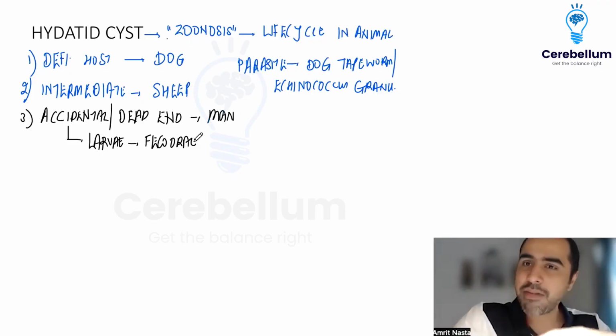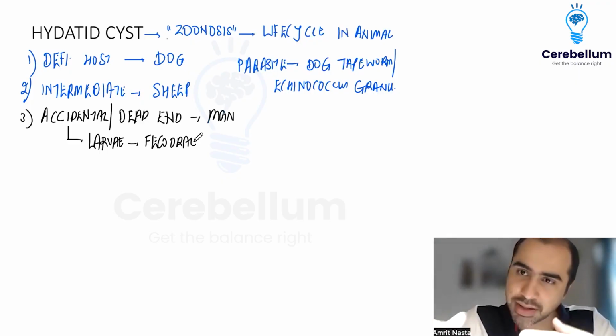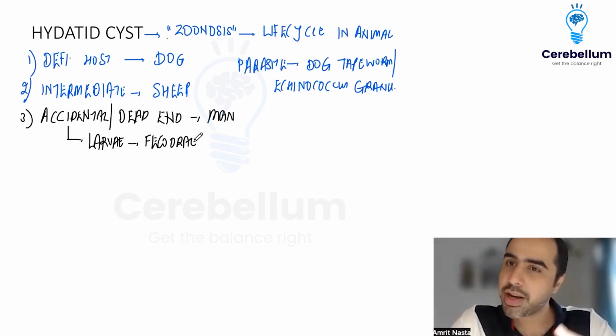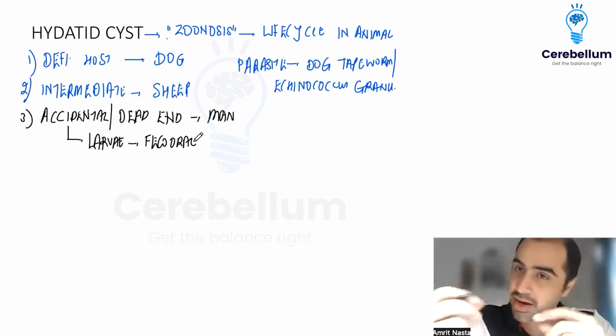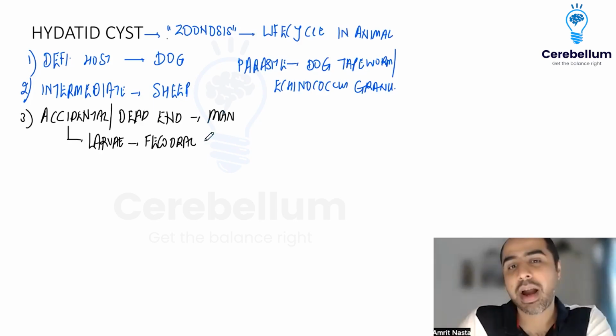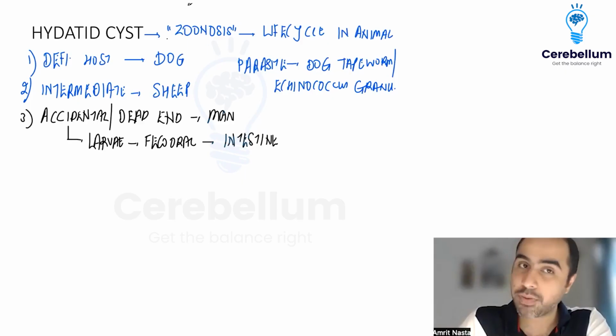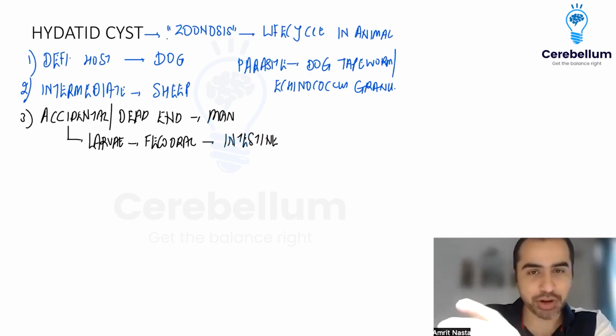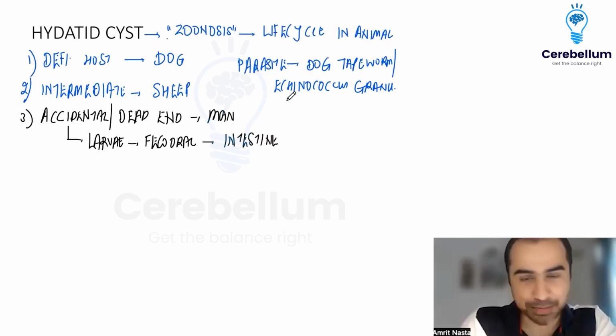And if you have contaminated food, which has been contaminated with feces of dogs, it will enter your GIT, it will mature, and it will enter your intestine. So it is not really contact with dogs. It is because of contact with dog's poop or feces.